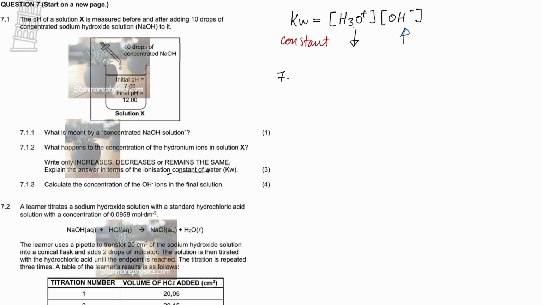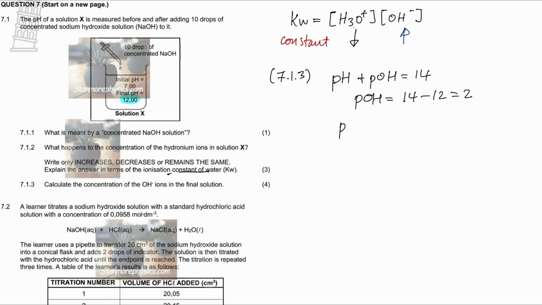Question 7.1.3 says calculate the concentration of the OH- ions in the final solution. Now, in the final solution, the pH is 12. So pH plus pOH is equal to 14. That means pOH is equal to 14 minus 12, which is 2.